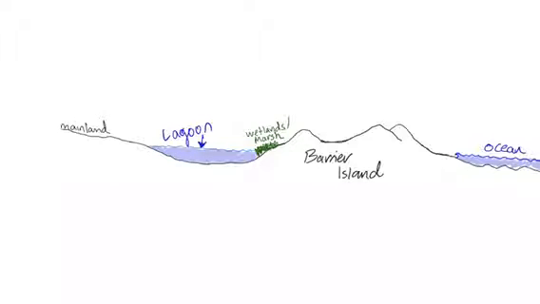Do note that the lagoon that separates Corpus Christi from our local barrier island, which is Padre Island, or Mustang Island just north of it by Port Aransas, is called Laguna Madre. So our barrier island, of course, is Padre Island, and the lagoon is Laguna Madre.